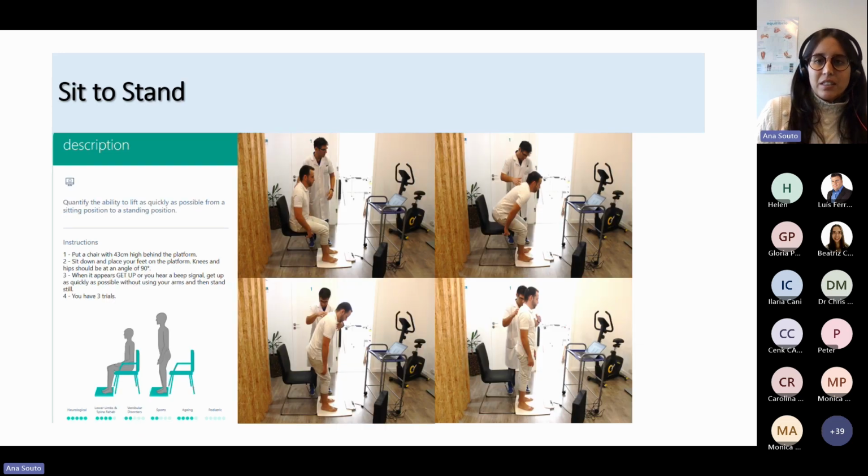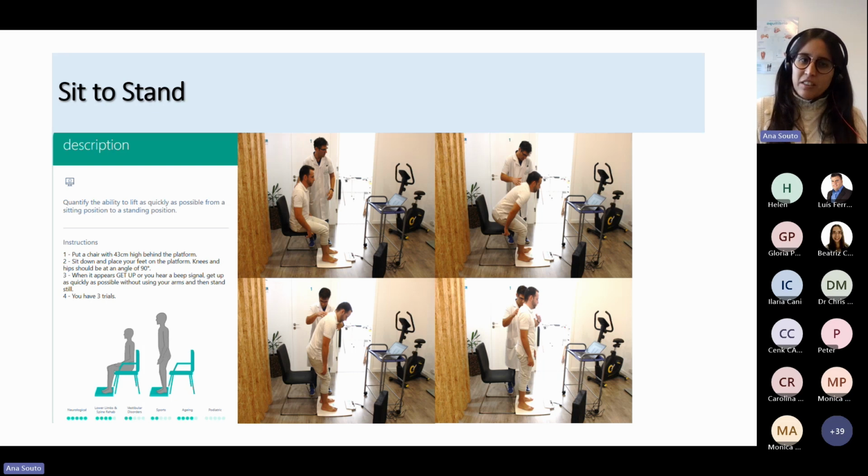Okay, and finally the sit to stand protocol, which I really like, because let's face it, it's a functional movement, the movement of changing position from seated to standing, and we do it every day. There are a lot of studies with the sit to stand balance protocol.